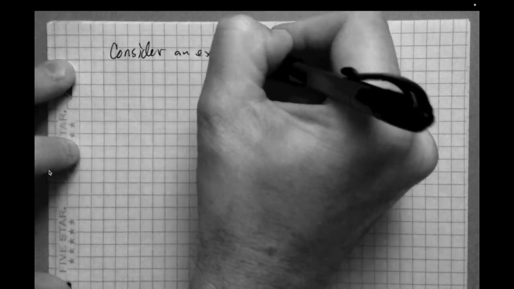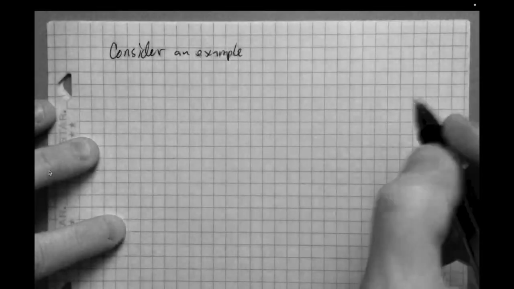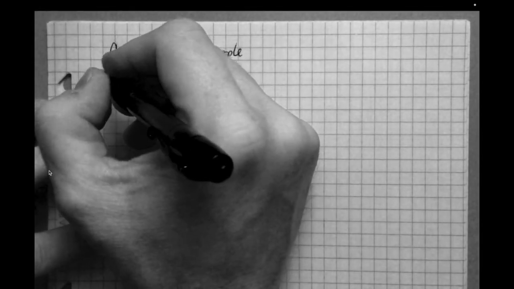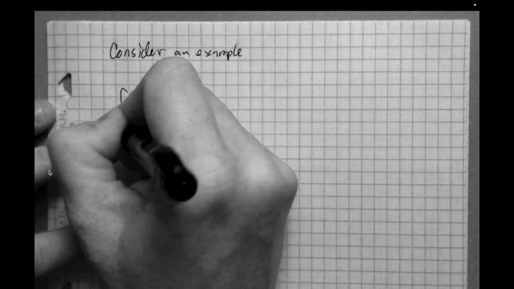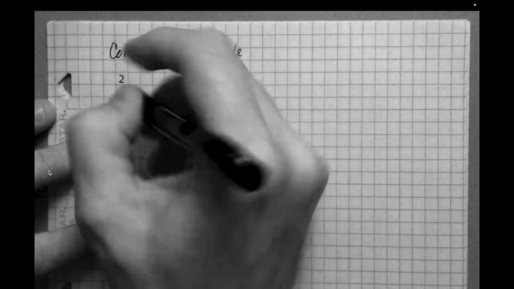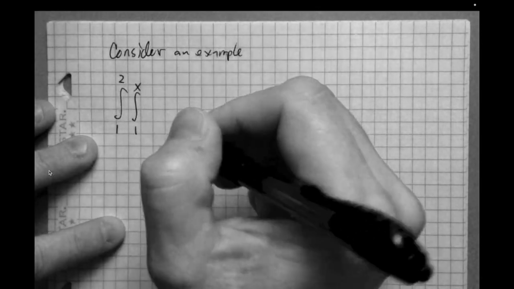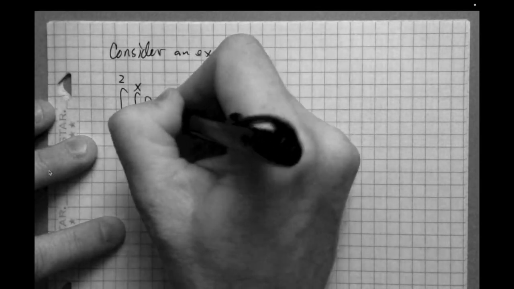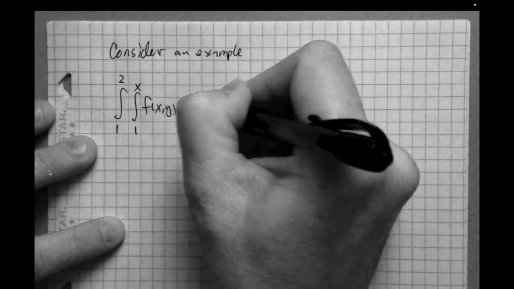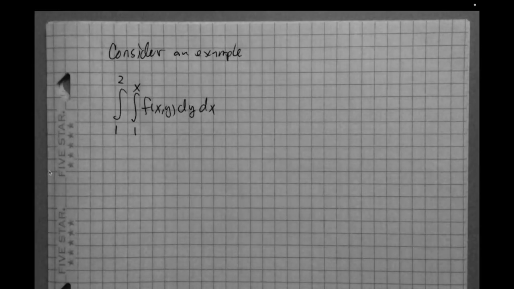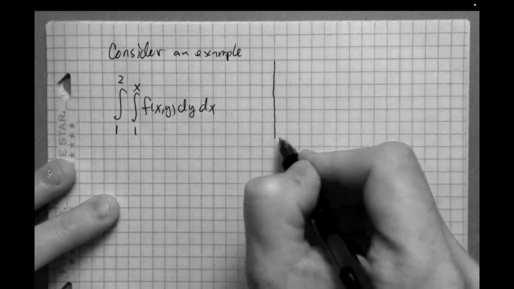Let's say we've got this integral: the integral from 1 up to 2 of the integral from 1 up to x of this guy here. Okay, and so let's draw a picture of what this might look like here.